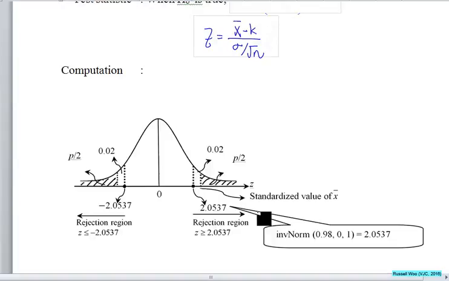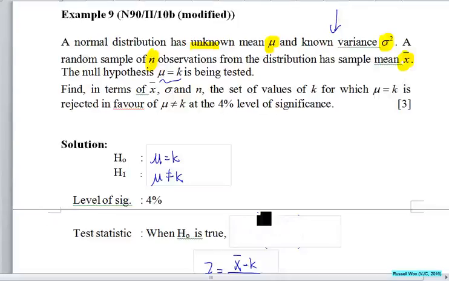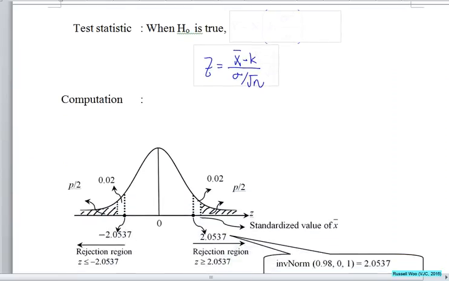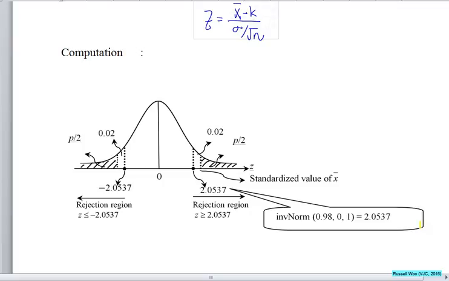The question says that H naught is rejected. In order for it to be rejected, that means your value lies in the rejection region. So first, can I say that this is our first step? I need to find the rejection region.